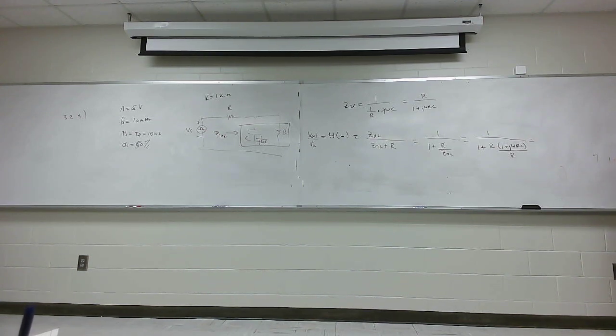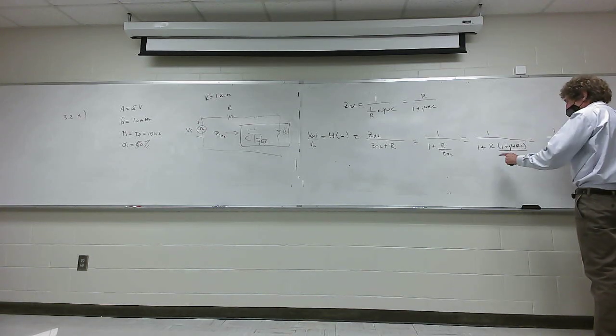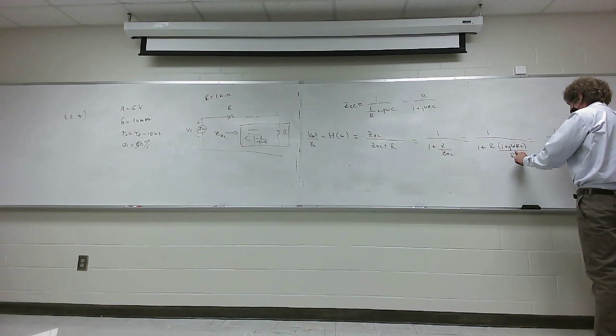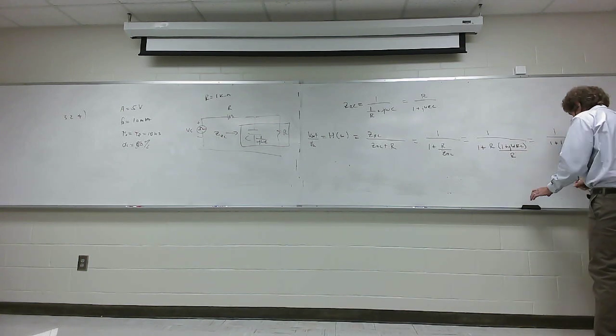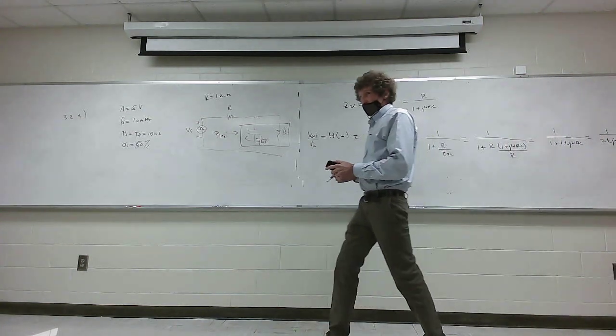That's the reason I'm doing it this way. So this is simply equal to 1 over 1 plus 1 plus J omega RC. Y'all got me on that? All right. Now, you can simplify that, and that's 1 over 2 plus J omega R times C. And I think you all agree with that, right?